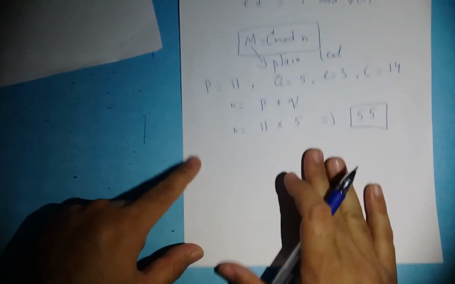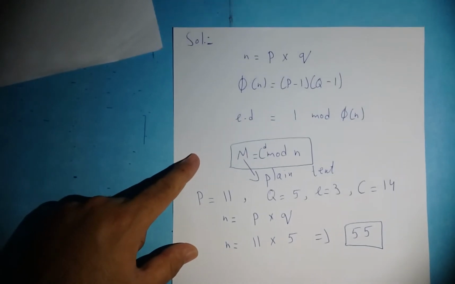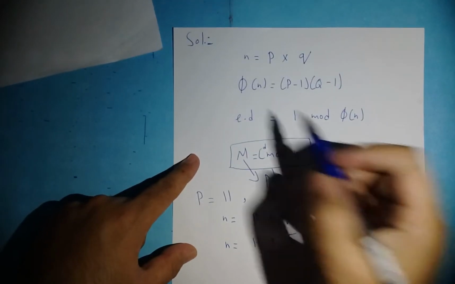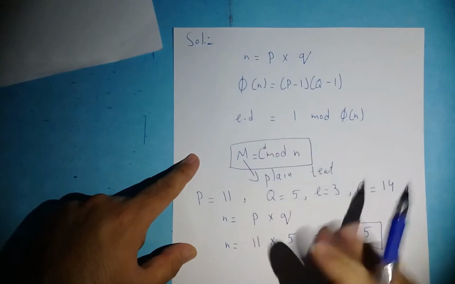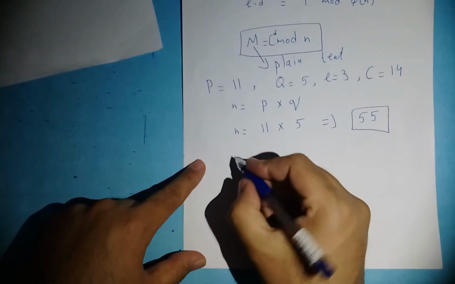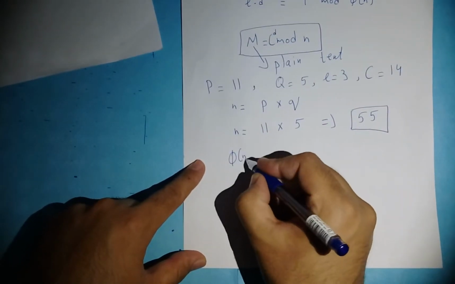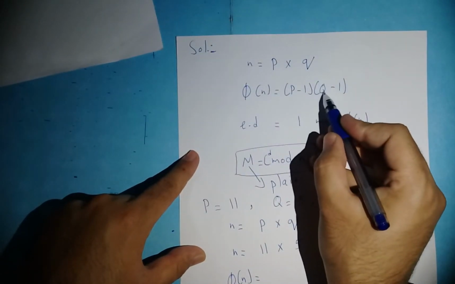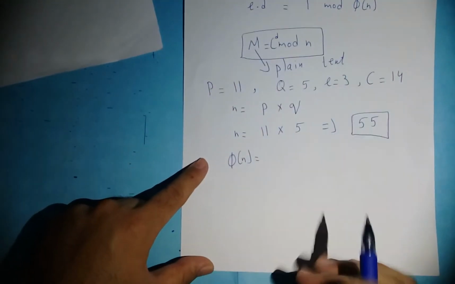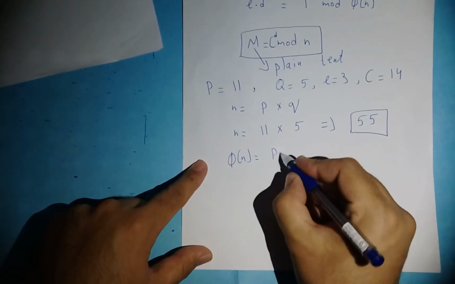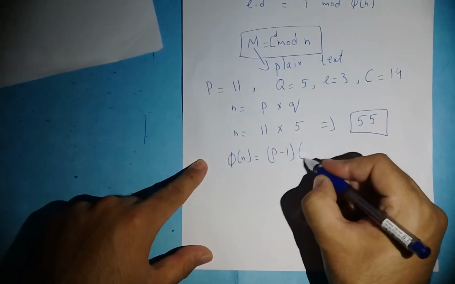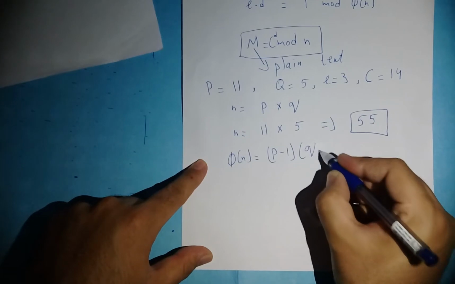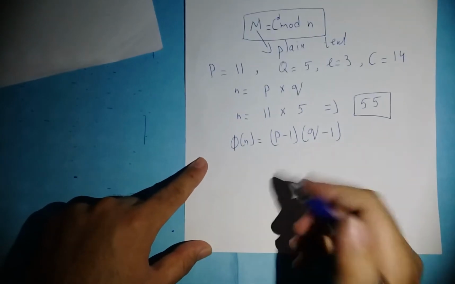Now after that, I'm going to find out phi n. For phi n, I have got the formula P minus 1 multiply with Q minus 1. So here I write it down, P minus 1 multiply with Q minus 1.